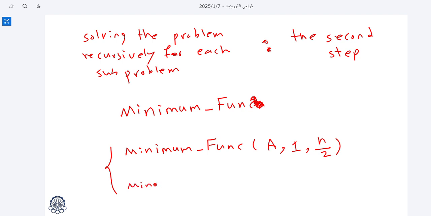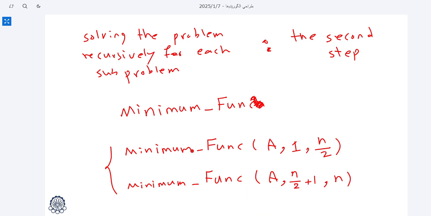Then we call the function again recursively for array A, and the first index and the last index of the second part. The first index of the second part is n divided by 2, and the last index is n.